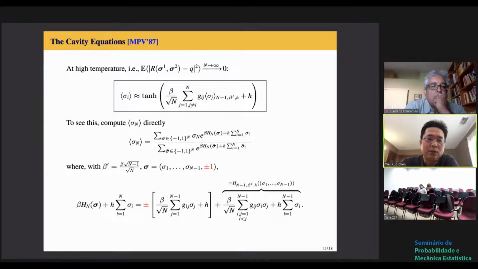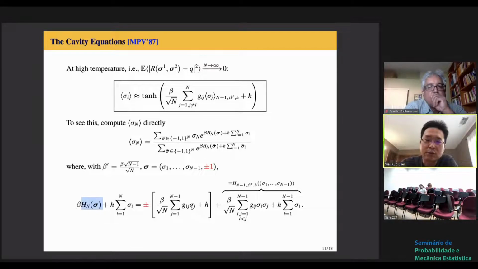And now what I'm gonna do is, remember H_n is defined in terms of the upper triangle, i less than j, and i, j are between 1 and n. So what I'm doing here is cutting my triangle into the triangle formed by n minus 1 times n minus 1, and I still have the last column left. This guy essentially is the last column.